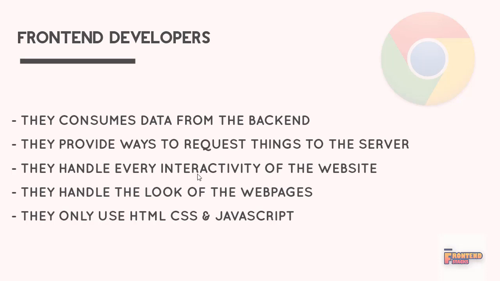They also provide ways to request things from the server. Let's say on YouTube I want to see channels. When I click on channels, I see a list of channels. This happens in the background, and the request is sent in the background without you even knowing. They send this to the server, and the back end provides data to the front end for the front end to consume.